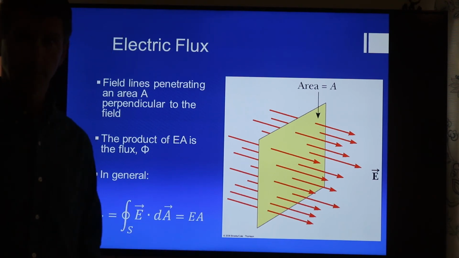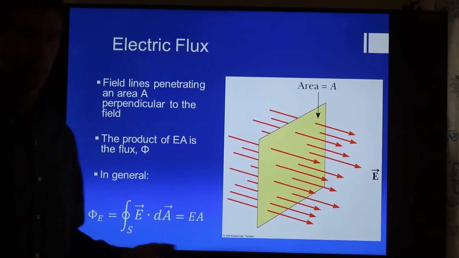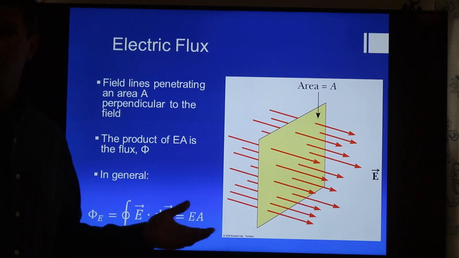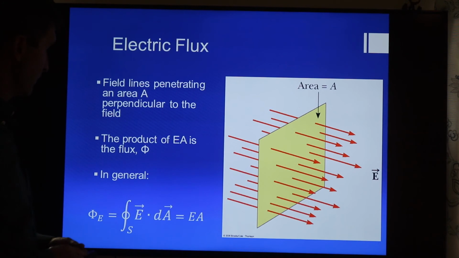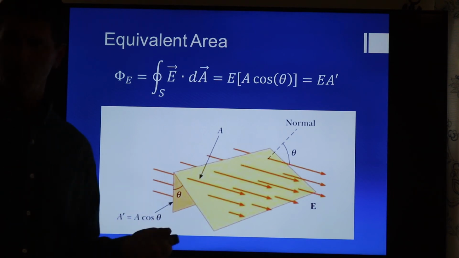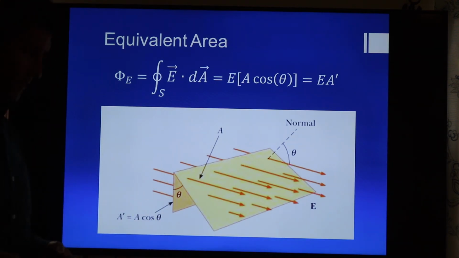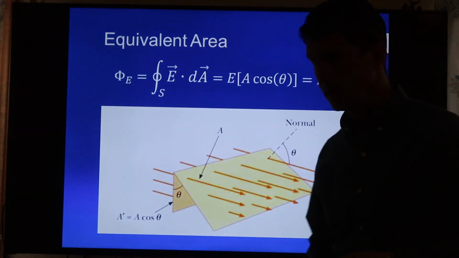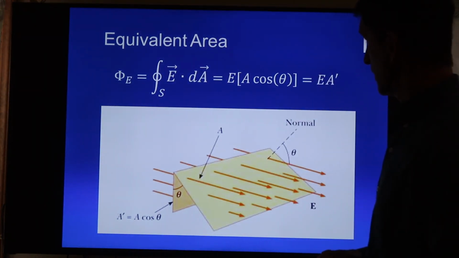What's your electric field? How many newtons per coulomb? What is your area? How many square meters? Product of the two, you've calculated electric flux. Okay? There are some different techniques, and this goes back to the previous slide. Remember, we had cosine theta in the expression.